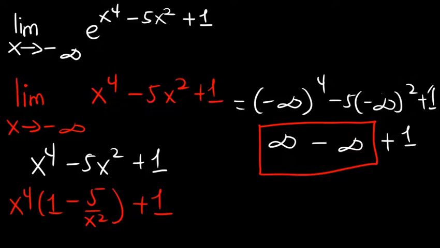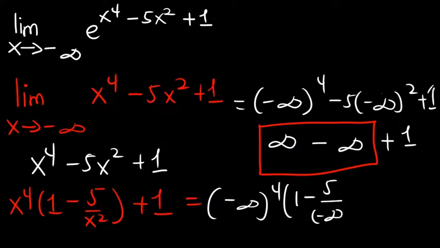At this point, let's try the direct substitution again. If you do the direct substitution, you're going to have minus infinity to the power 4, bracket open 1 minus 5 divided by minus infinity squared, bracket close, plus 1.